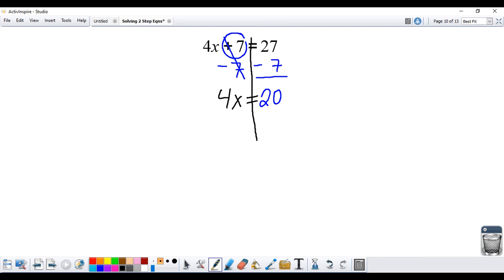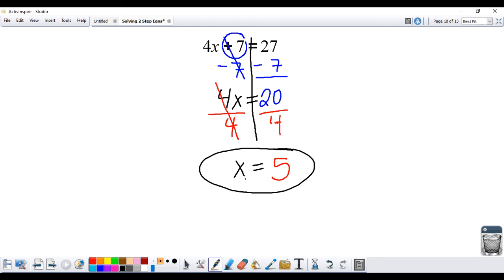Right now, this says 4 times x, and the opposite of timesing by 4 is dividing by 4. So I'm going to divide both sides by 4. 4 divided by 4 is 1, so I'm left with x equals, and then 20 divided by 4 is 5. So x is equal to 5.